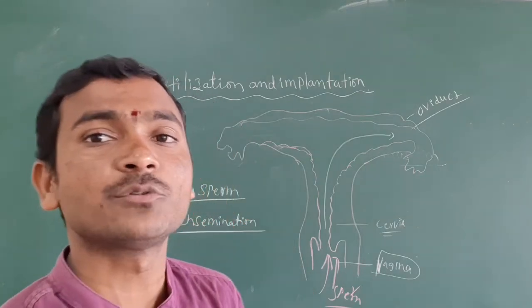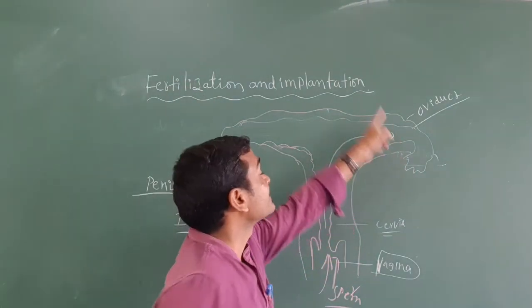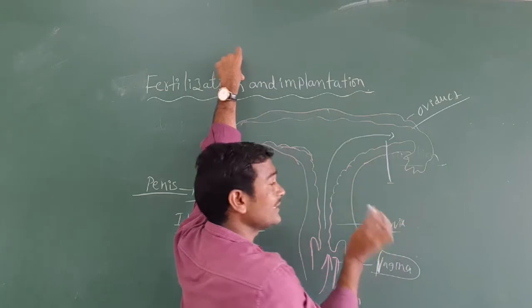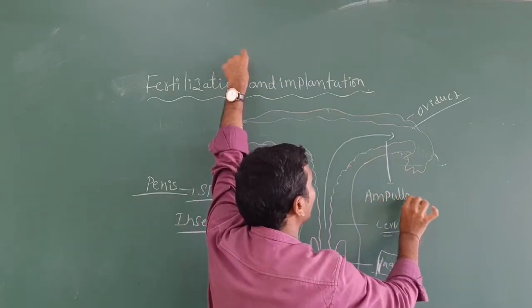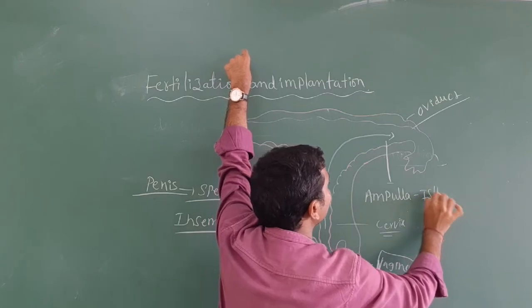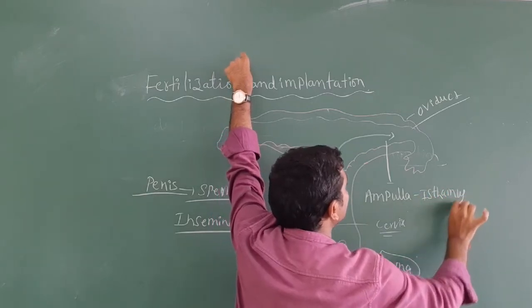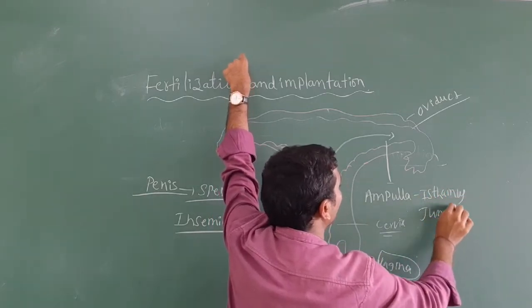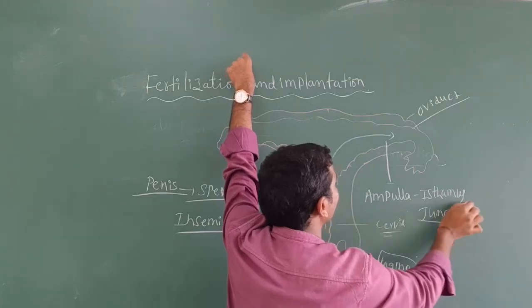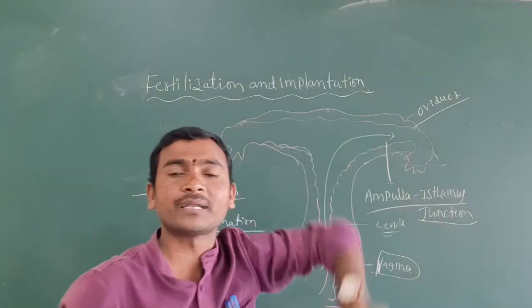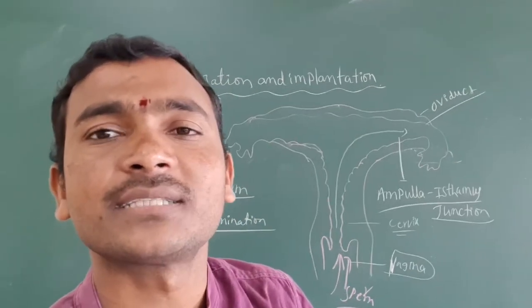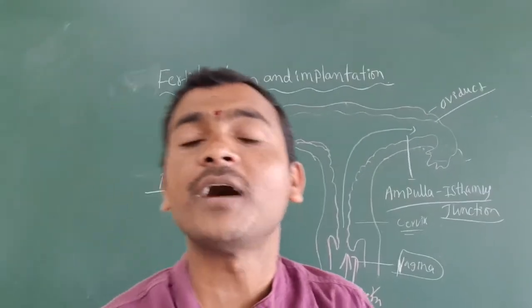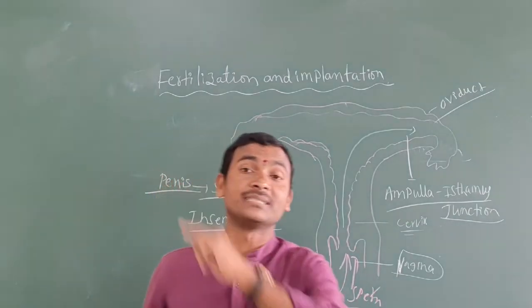It combines with the ova in a particular, very important region of the oviduct, the ampulla and isthmus junction. It is asked in entrance exams, where does fertilization take place? Fertilization takes place in the region of the ampulla and isthmus junction.